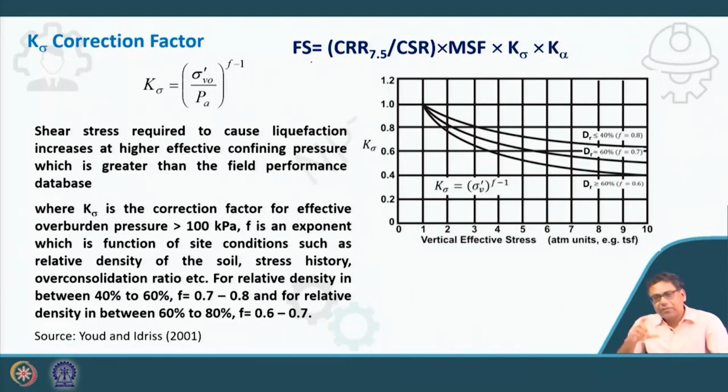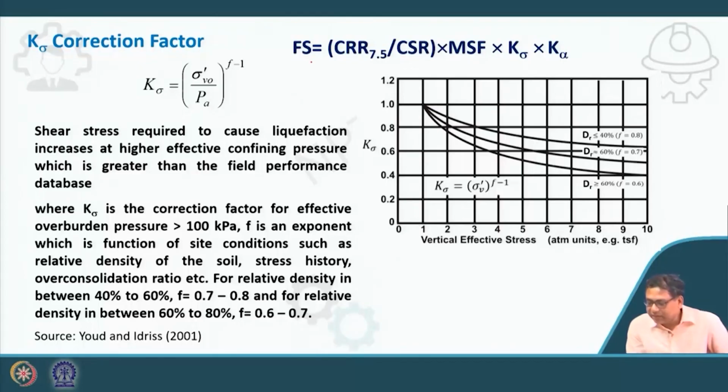So for this high confining pressure, we have to reduce the factor of safety. Clear? Because I am getting a higher value than what actually exists in the field, I have to apply corrections. That correction is K sigma.